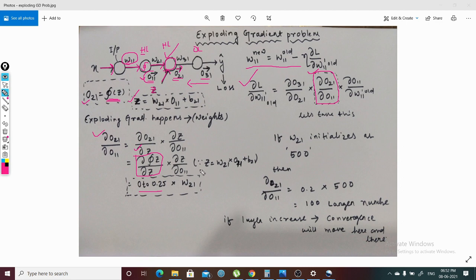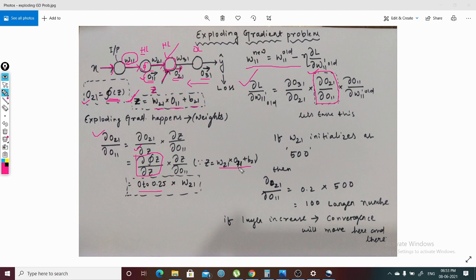And what is z? We have already calculated it here. Z is nothing but the input, which is the W21 weight multiplied with the previous layer output, with some bias. If you take the derivative of this z value, O11 will be constant here.